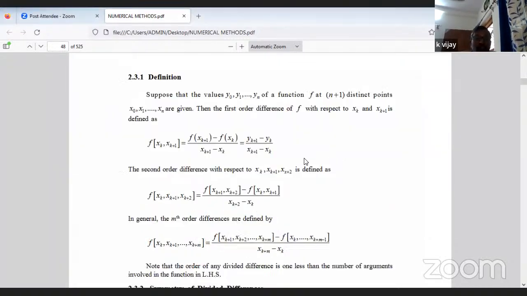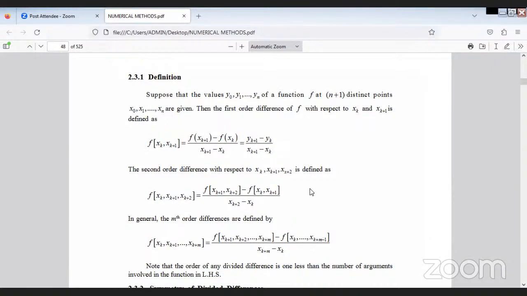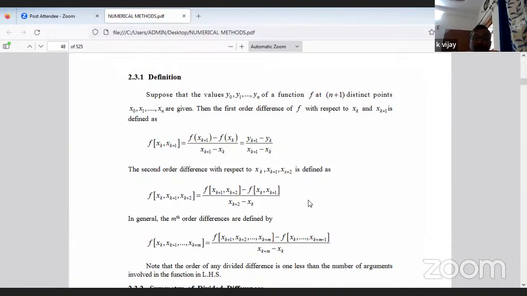So concluding here, the second order difference. What is the second order difference? I'm audible? Yes, sir. So the second order difference f of xk, xk plus 1, xk plus 2 we can define as follows.